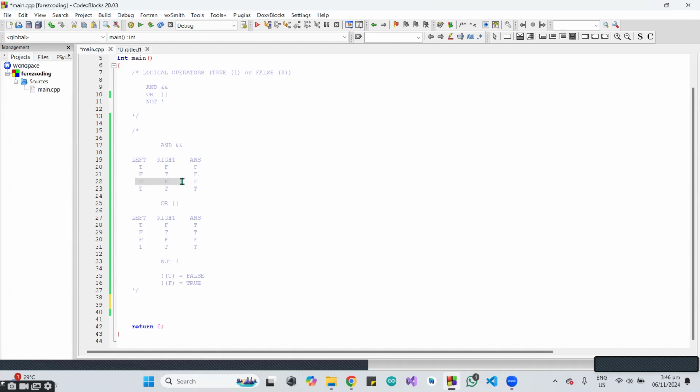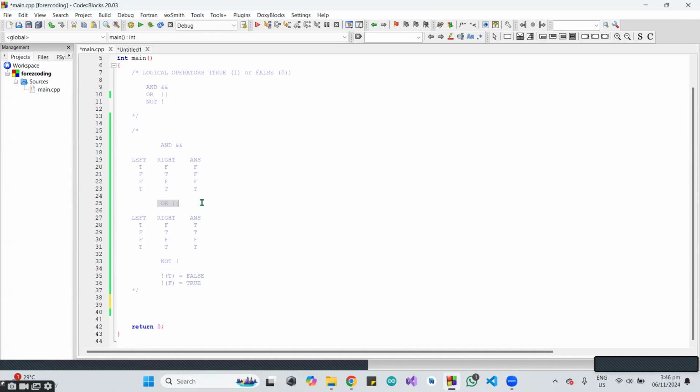If both operands are false, the final answer is false. If both operands are true, the final answer is true. As you'll notice, if there is a false under the AND operation, the final answer is false. It can only be true if both operands are true. I hope that is clear.